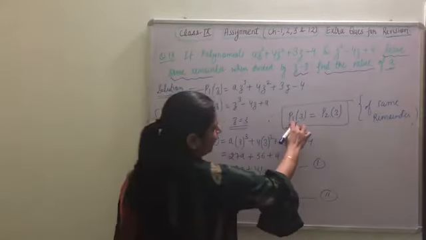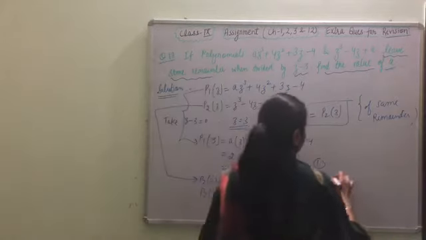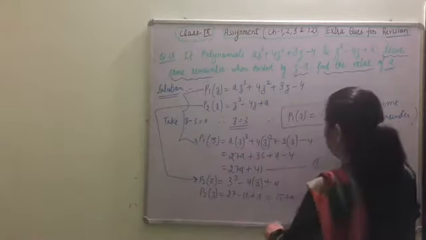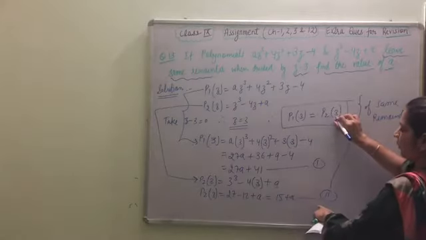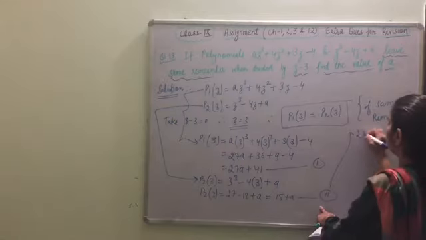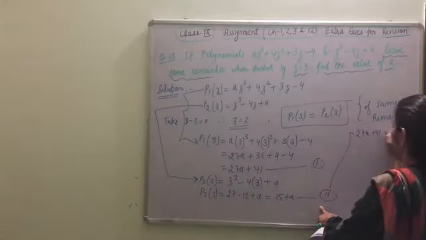Now the given condition was P1 of 3 is equal to P2 of 3, therefore the first equation will be equal to the second equation. On comparing both equations, 27A plus 41 is equal to 15 plus A.